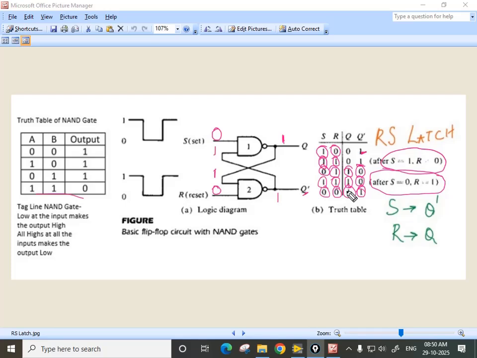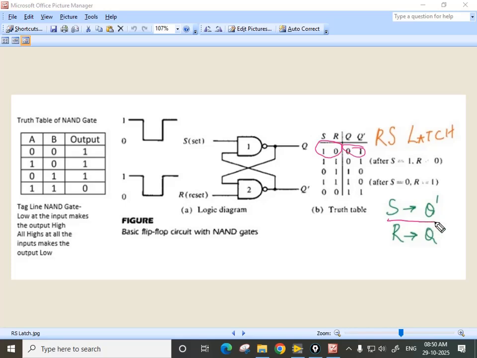So the crux of the story, let's now see the crux of the story. Set equal to 1, R equal to 0 makes the output Q dash equal to 1. Set at the input makes the output Q dash equal to 1.